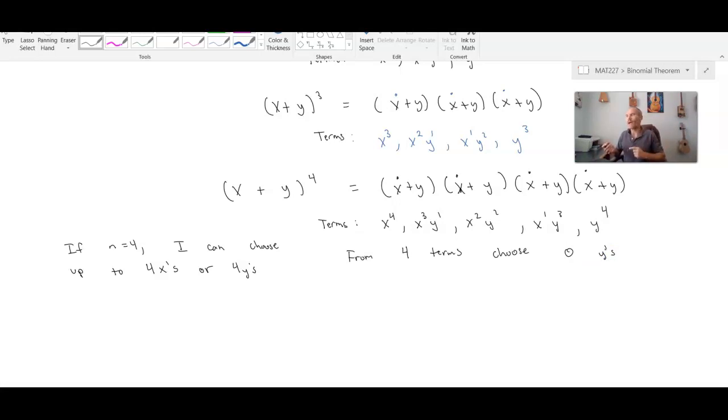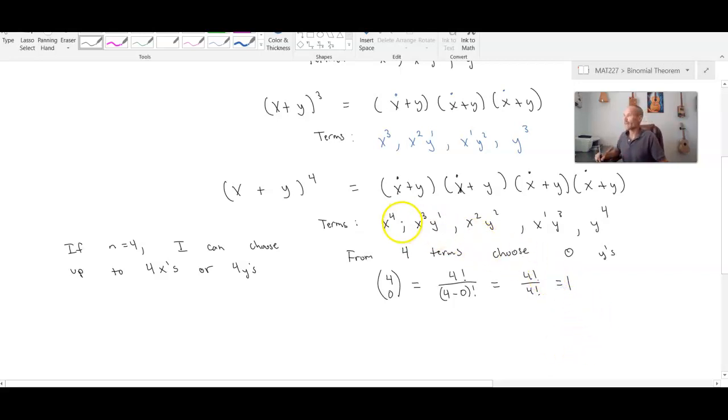Well, there's only one way that can happen, right? That's to choose no y's. So this is analogous to saying from 4 choose 0 y's, and this is going to be 4 factorial over 4 minus 0 factorial, which is 4 factorial over 4 factorial, which is 1. So there's exactly one way to do that.